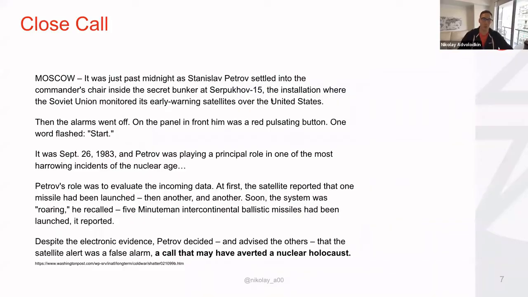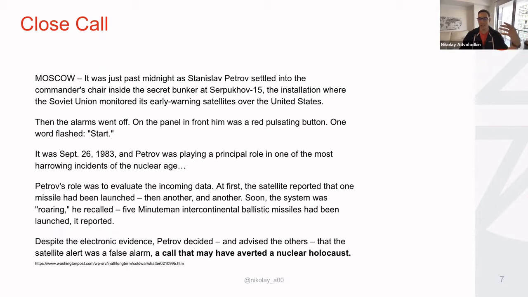So this is a pretty cool story. You can read it. I'll just quickly summarize that in Moscow in 1983, this guy Petrov had a UI that displayed information about incoming missile attacks. And he started getting information from the system that there was an incoming missile attack from the United States.